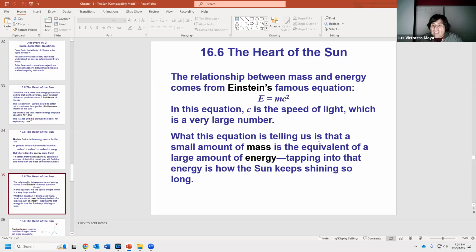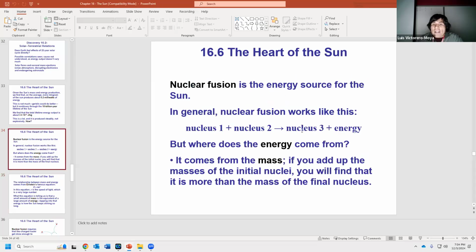What this equation is telling you is that a small amount of mass is equivalent to a large amount of energy. Yes, because this amount of mass, which is not a lot, multiplied by the speed of light squared, gives you a large amount of energy. Now, that's just for one reaction. There are billions of these reactions happening per second in the sun.